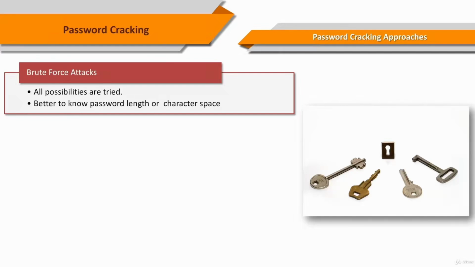As you see, the possibility to find a password using a brute force attack is theoretically 100%. But cracking the password can take many years, depending on the password complexity. To make the possible value set smaller, it's probably better to use this method if we know something which will reduce the number of tries, such as the length of the password.